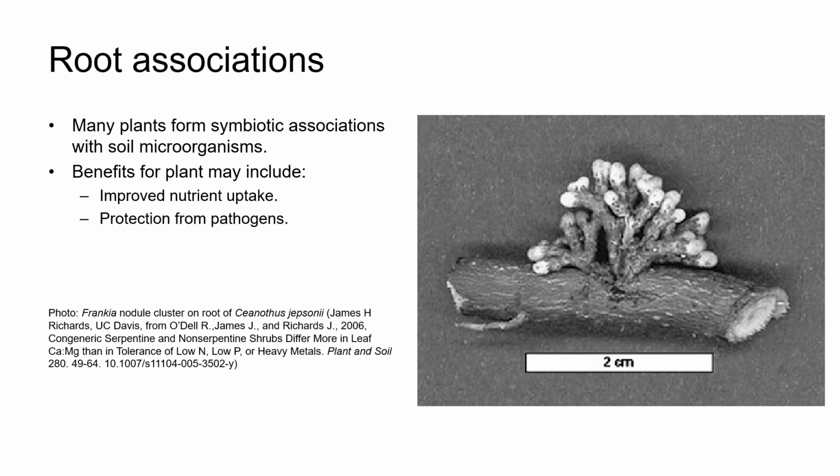Mycorrhizal fungi might extend the surface area of the root system, helping the plant to take up water and nutrients more efficiently. Soil microorganisms might provide specific nutrients to a plant, or they might form a protective sheath around the plant roots that protects the plant against certain pathogens.